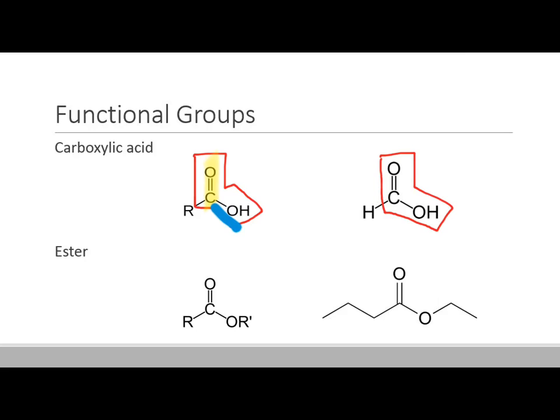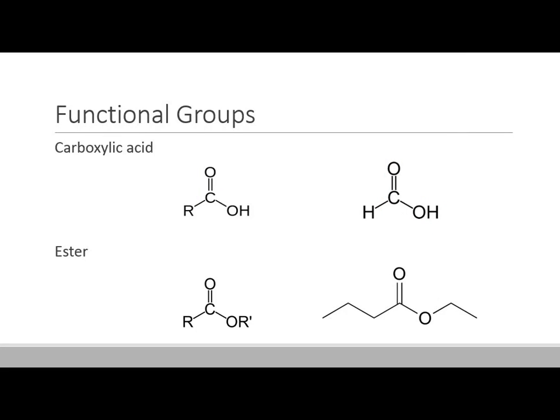No, it does not work that way. You don't have an alcohol and an aldehyde. Instead, you just have one functional group, and it's considered a carboxylic acid because it behaves very, very differently than just the normal alcohol and aldehyde.